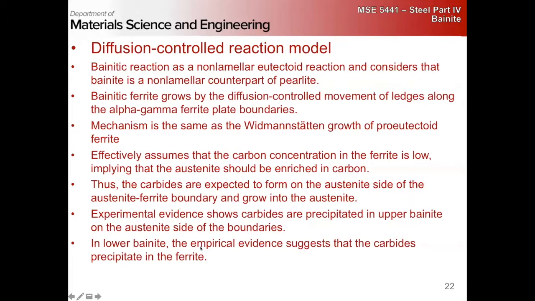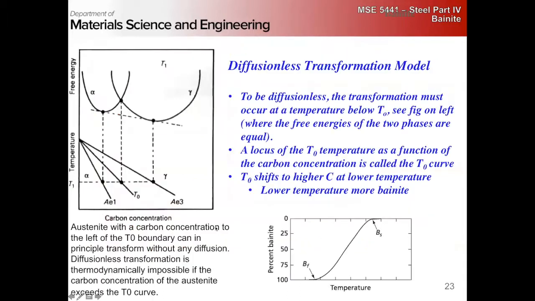But when they do lower bainite, they see that the carbides form on the ferrite side of the interface, right? So it's a little inconclusive, right? The diffusionless transformation model, I think, is more compelling, but this argument is a little more complicated.